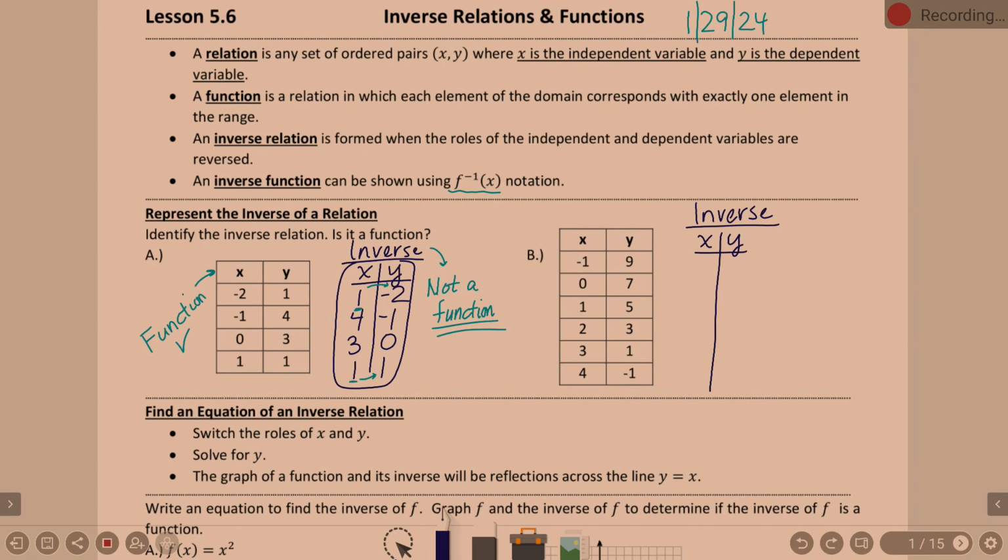What is this inverse relation? 9, -1. 7, 0. 5, 1. 3, 2. 1, 3. -1, 4. All we did to find the inverse. Easiest way to find the inverse all day. Okay, if it's just an XY chart, flip them.